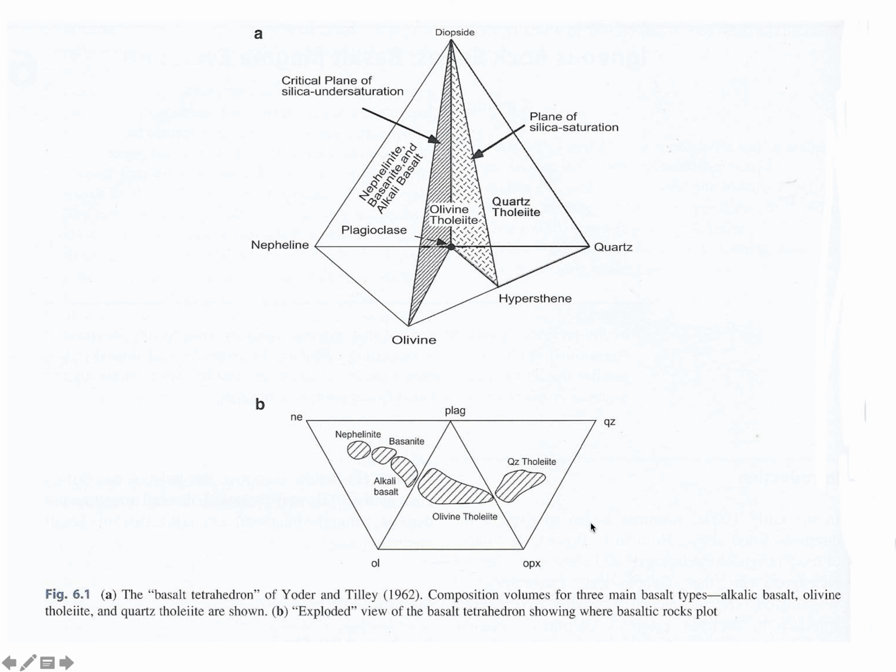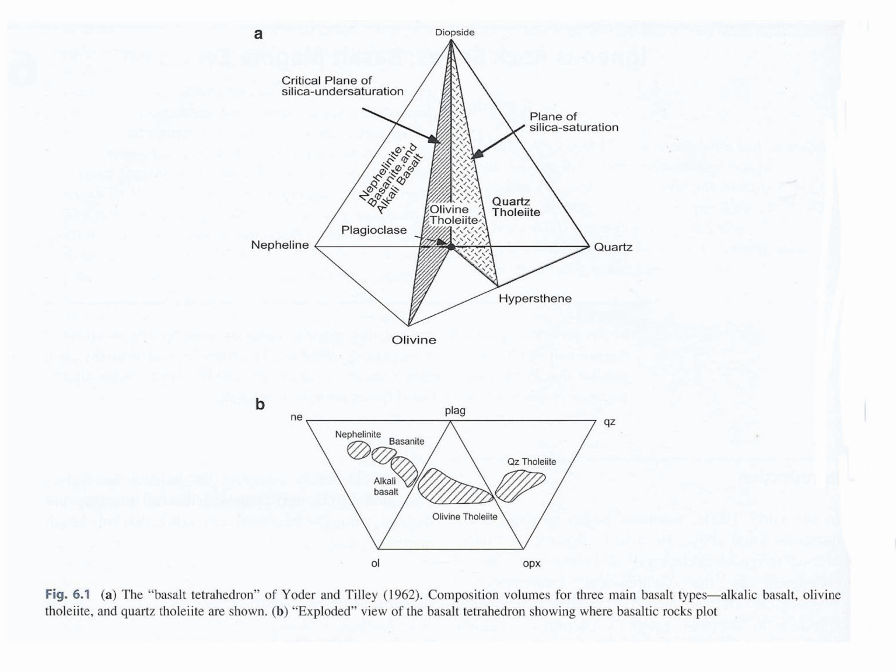That shows you the variation of different basalts depending on whether they are silica saturated or silica undersaturated. One can use this relationship very nicely when working on a volcanic chain, a hotspot chain like the Hawaiian basalts, and then you can describe the chemical trend of your basalts.